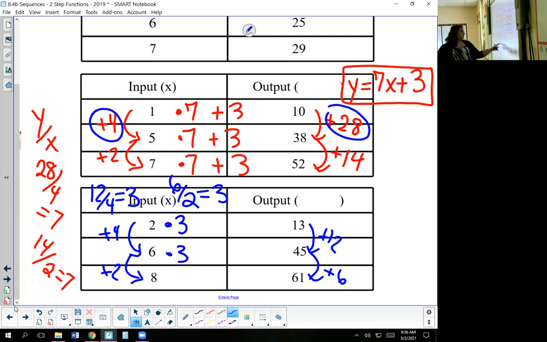2 times 3 is 6, and then you have to add 7. 6 times 3 is, wait, what did I do wrong? No, that's right. 6 plus 7 is 13. 6 times 3 is 18, plus 7 is not 45.